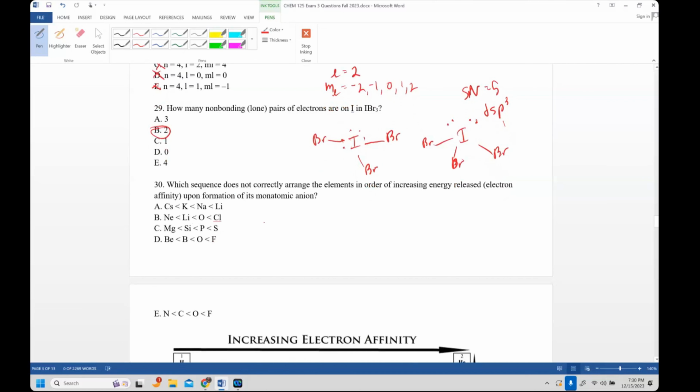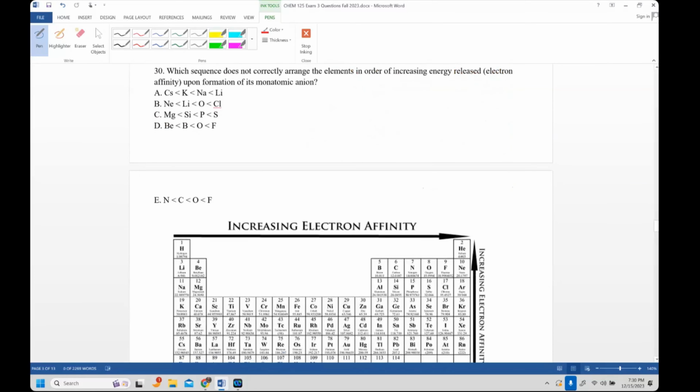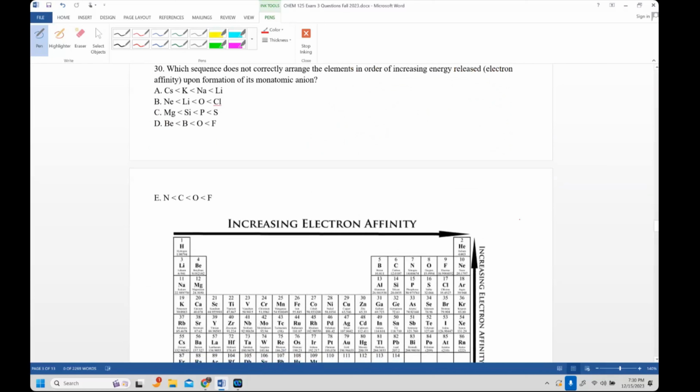Okay, next. Number 30, which sequence does not correctly arrange the elements in order of increasing electron affinity? So I pasted the periodic table below here. So electron affinity increases kind of like ionization energy from the left to the right and going from down to up.